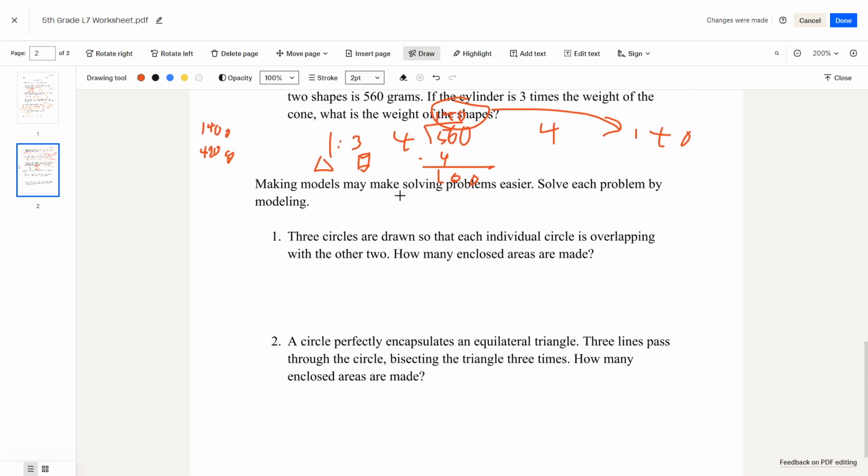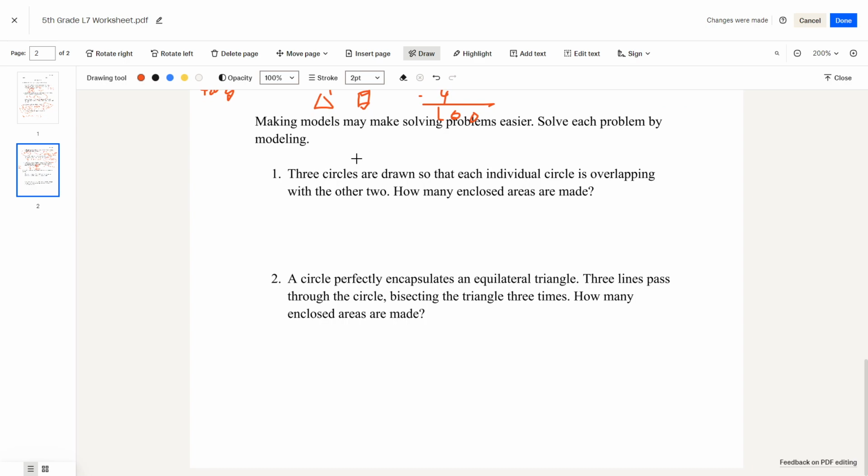Making models may make solving problems easier. Solve each problem by modeling. 3 circles are drawn so that each individual circle is overlapping with the other 2. How many enclosed areas are made? So if each of them overlap with the other 2, let me just get a good shape here.